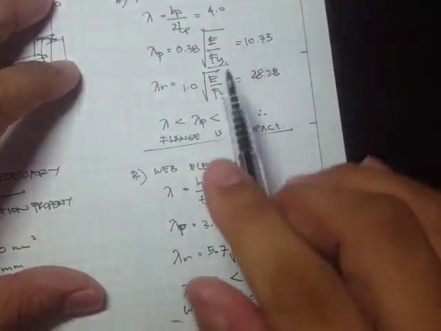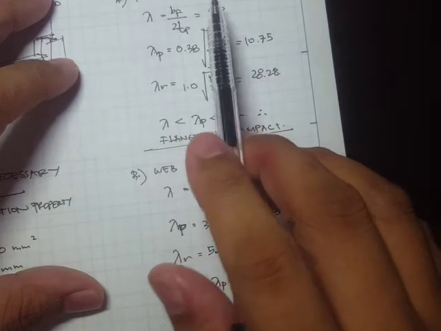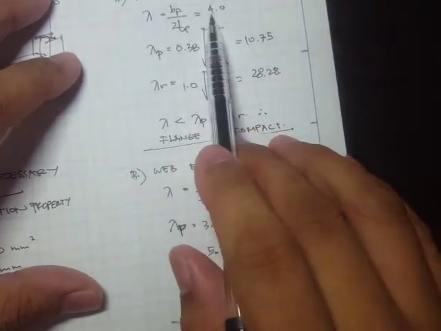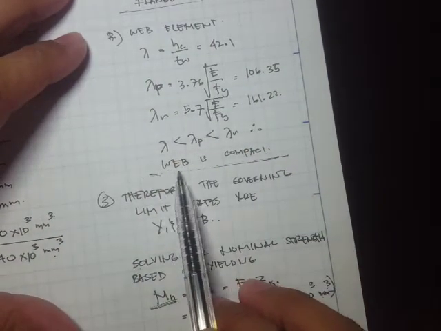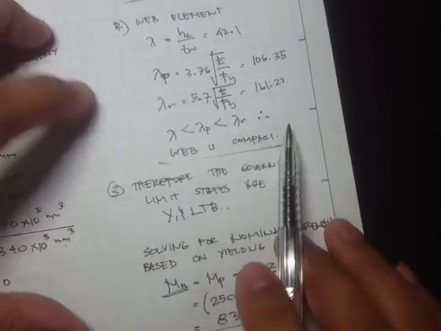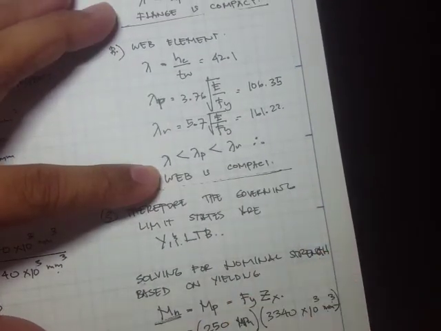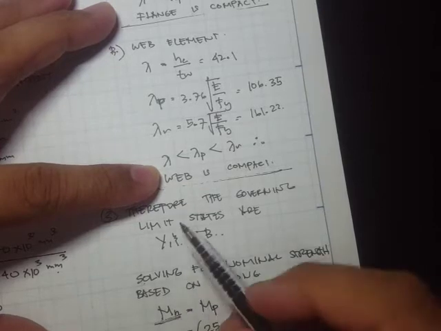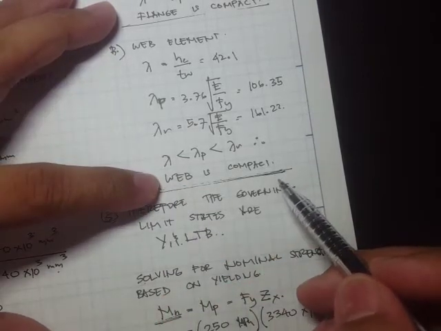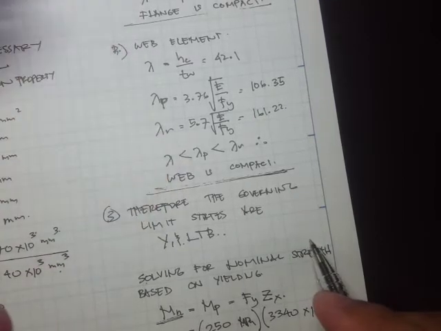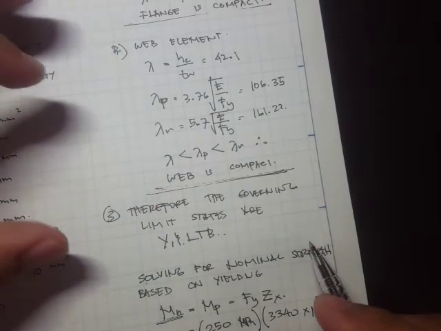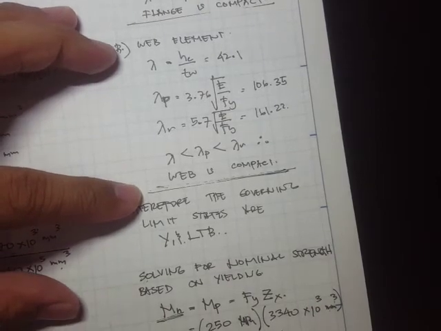So we found out that the width to thickness ratio of the flange is a compact section. Now this one for the web element is also compact. So since they're both compact, then we can apply our equation for the nominal capacity based on the conditions that's given.